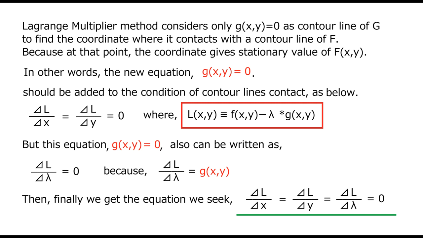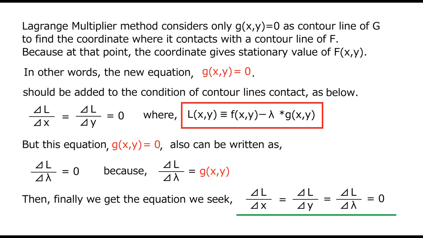However, sometimes it is possible to move without going up and down the mountain, but moving horizontally. That is along a contour line of f. In other words, this contour line is contacting with g(x,y) equals 0. This point gives a stationary value and is right the point that we are trying to find out.